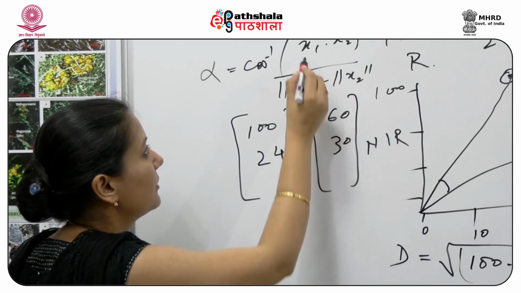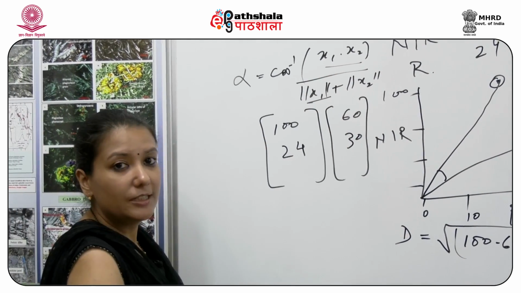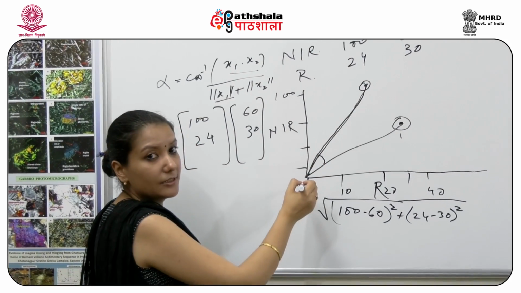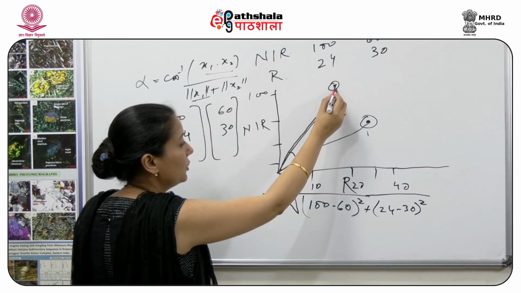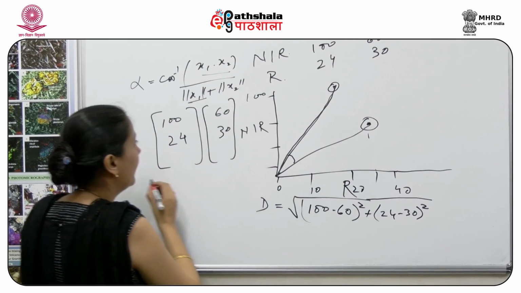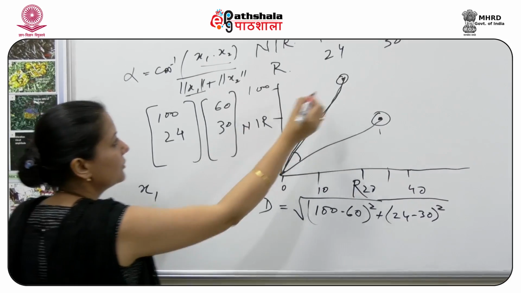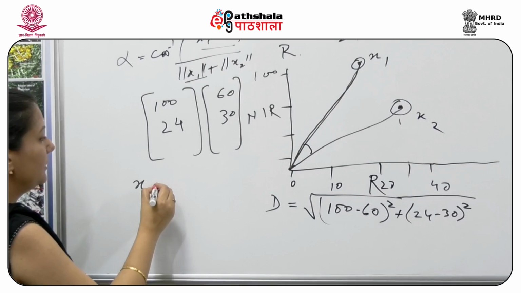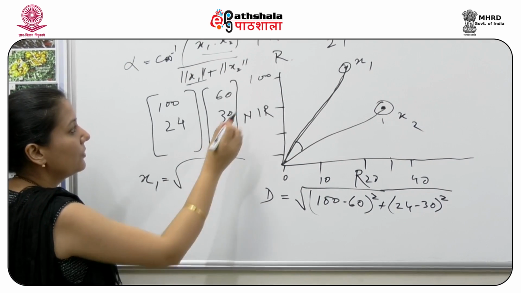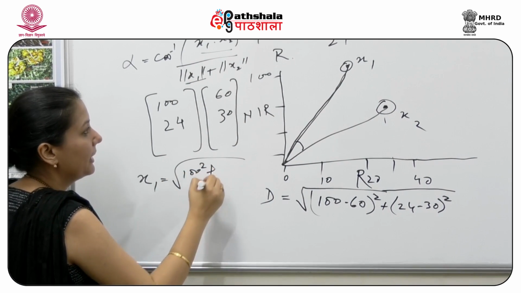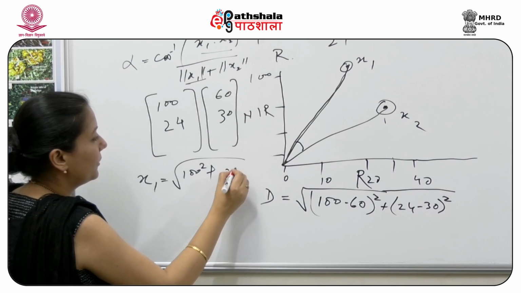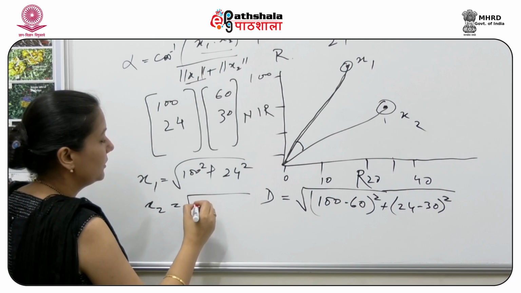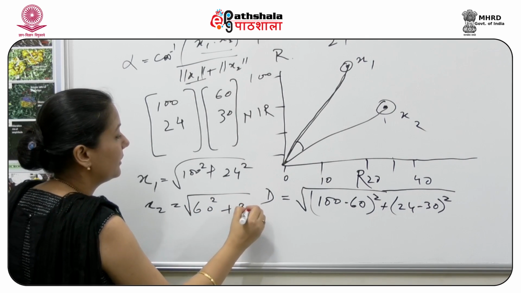So this represents the upper portion, and your x1 is actually the value of this length. How do you calculate this value? It's a simple Pythagoras theorem. So for this value, suppose this represented your x1 and this was your x2. So for x1 it is equal to square root of 100 square plus 24 square, and for x2 the value is square root of 60 square plus 30 square.